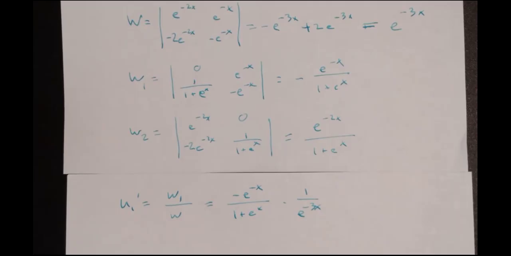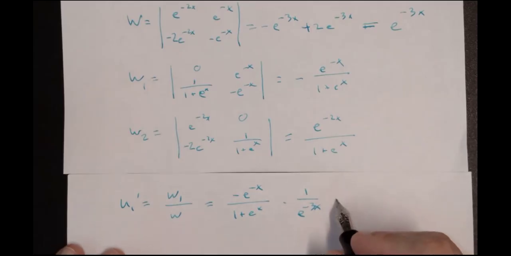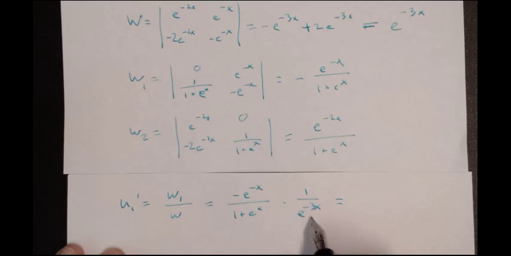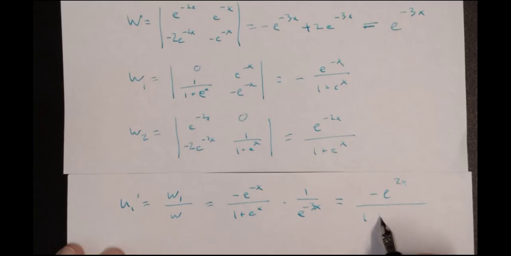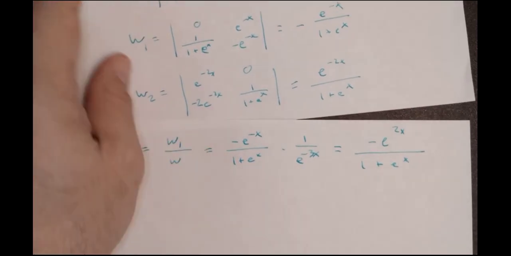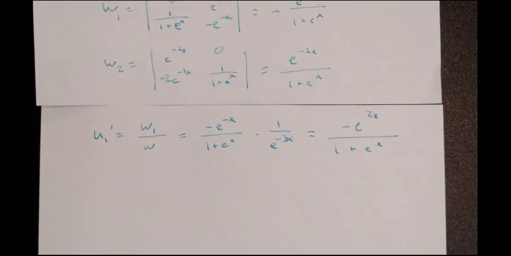All right. Let's resolve those. I get minus e to the 2x over 1 plus e to the x. I'm going to need to integrate this.